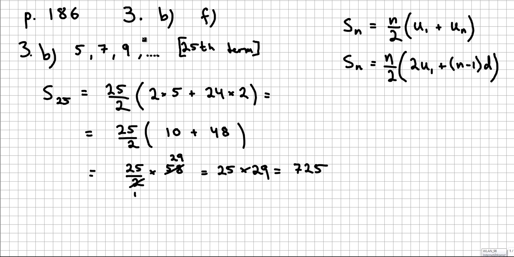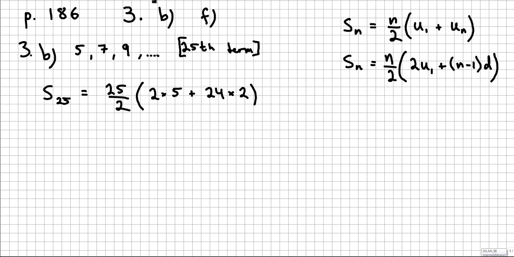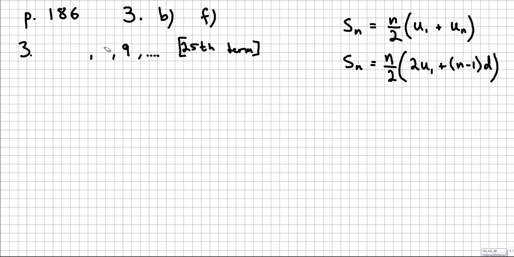So let's do 3f. Just delete this. And here is the arithmetic sequence. 7, 10, 13, etc. up to the nth term.